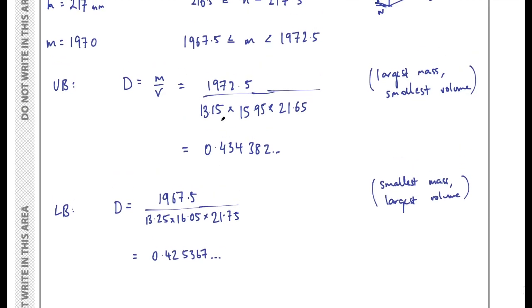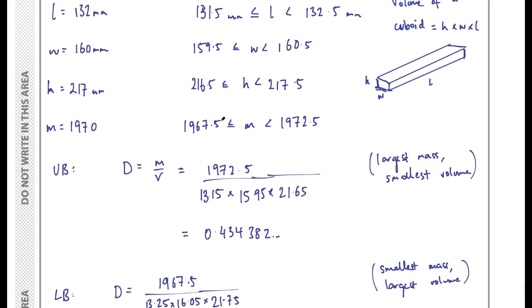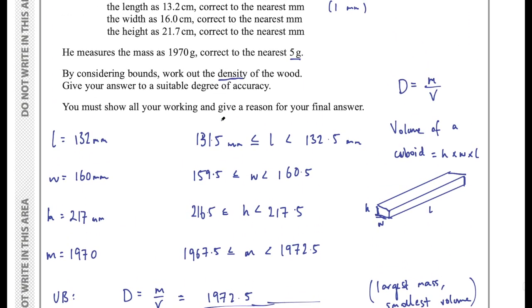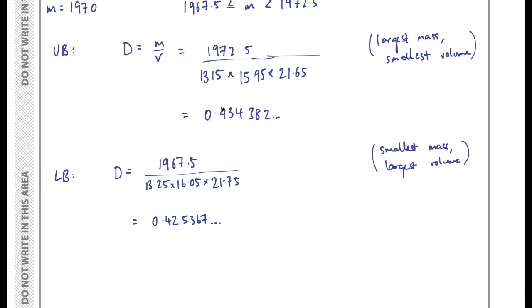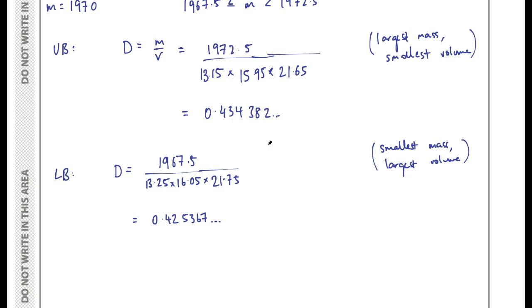Okay, so we've done all of this work, but we still haven't quite finished, because remember it says give your answer to a suitable degree of accuracy. What this means is both of your bounds need to round off to the same thing. So for example, if I rounded this off to 3 decimal places, this would be 0.434. If I rounded this one off to 3 decimal places, this would be 0.425.